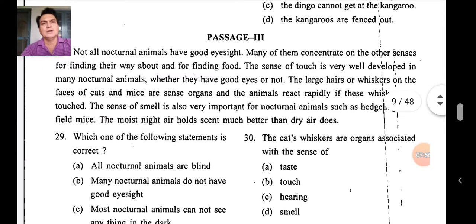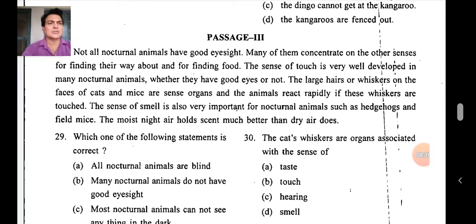Not all nocturnal animals have good eyesight. Many of them concentrate on the other senses for finding their way about and for finding food. The sense of touch is very well developed in many nocturnal animals, whether they have good eyes or not.